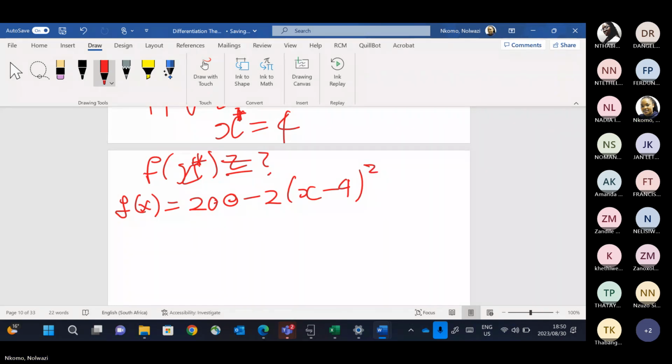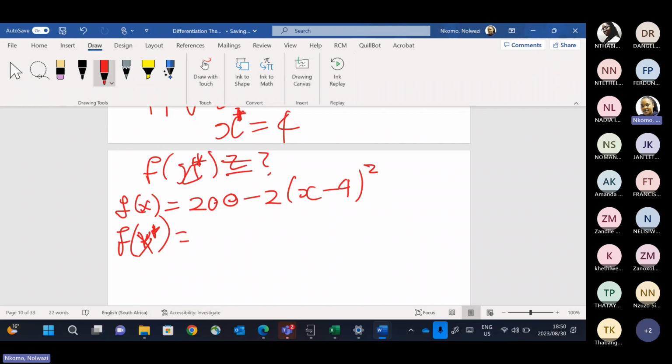Right. So if we substitute here, okay, our x star is 4. We are substituting x star here, meaning where there is x, we substitute x with 4. Right.